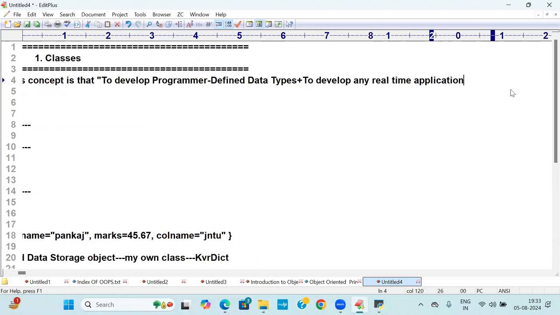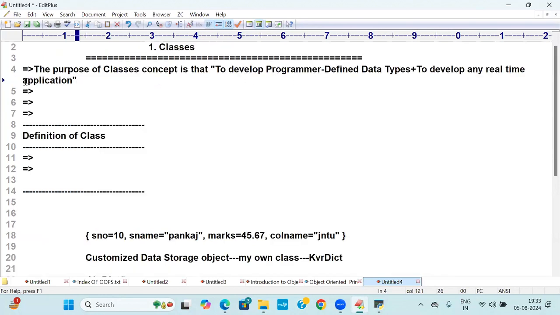Python software is one of the universal real products, right or not? Float is a class, bool is a class. They will ask you, how do you know that? Go to help of int, help of float, help of bool. They're all called classes. To store your customized data, to go for a programmer defined data type, I'll use which concept? Classes.